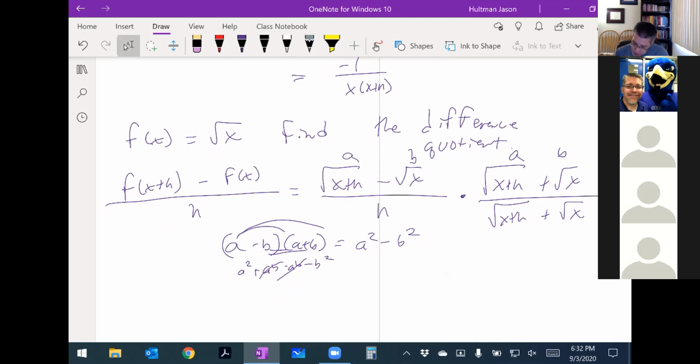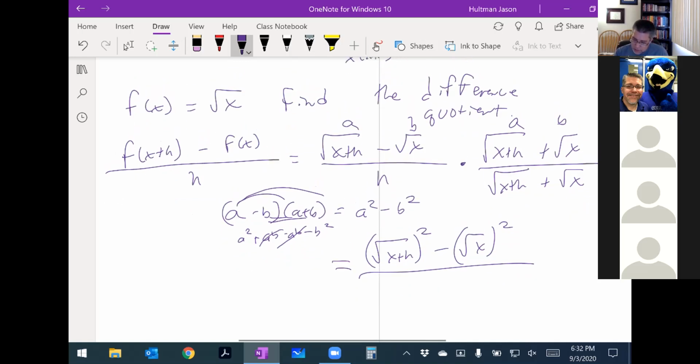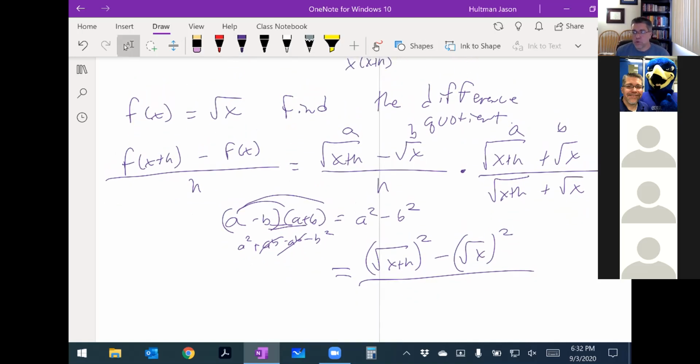So this is going to be equal to the square root of x plus h, squared, minus the square root of x, squared, which is really nice because it's going to allow me to get rid of the square roots. And this is going to be h times the square root of x plus h plus the square root of x.